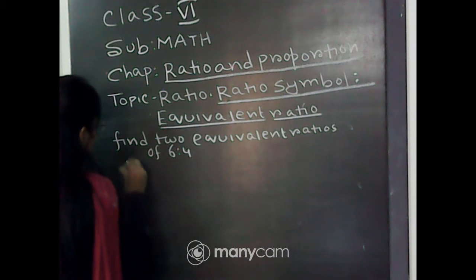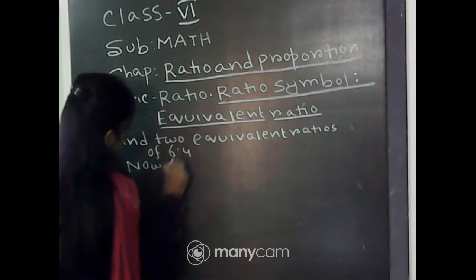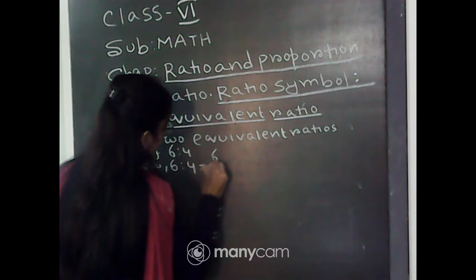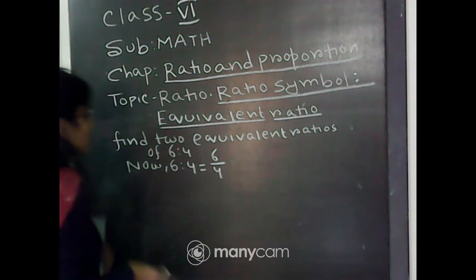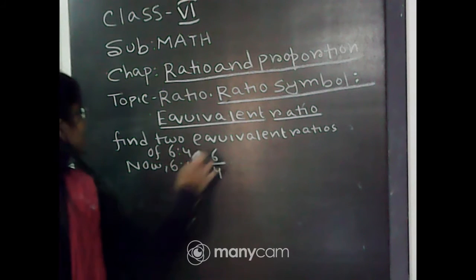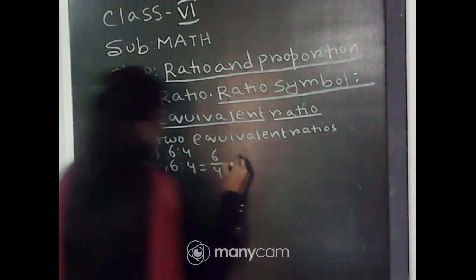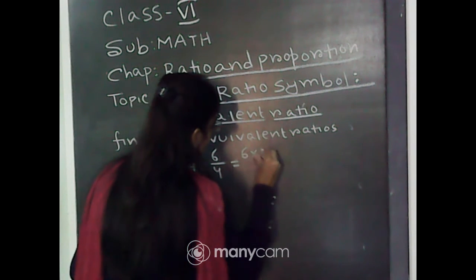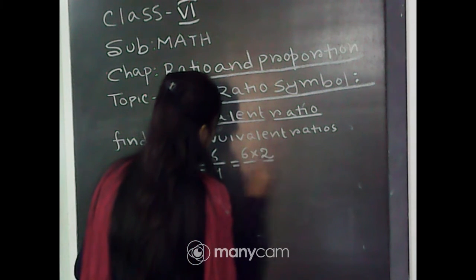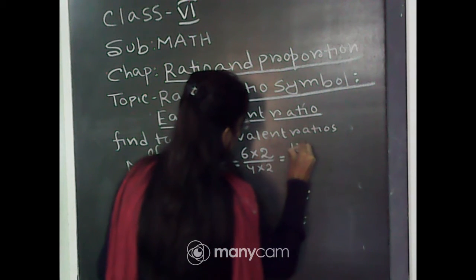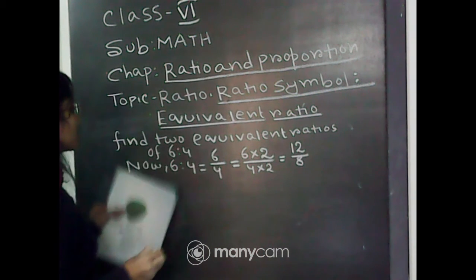Now, 6 is to 4 is equal to 6 divided by 4.